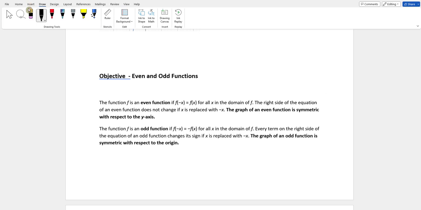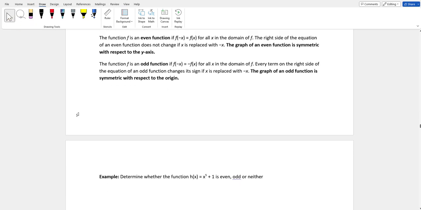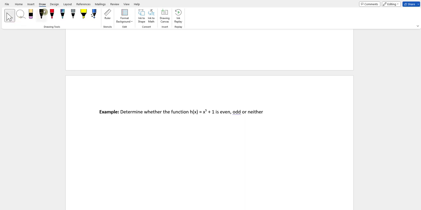Alright, so let's go ahead and look at some problems. In this first one, we're going to determine whether or not the function h of x equal to x to the fifth plus 1 is even, odd, or neither. So first, let's check to see whether or not this is an even function.